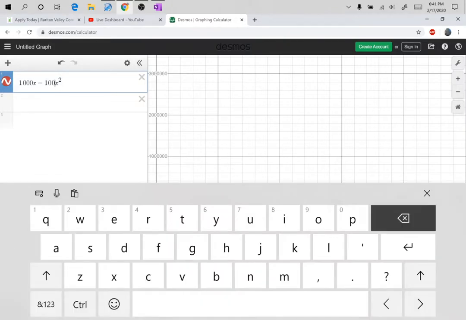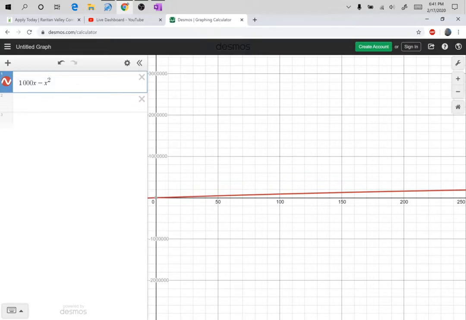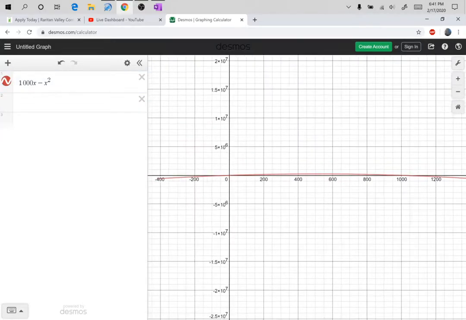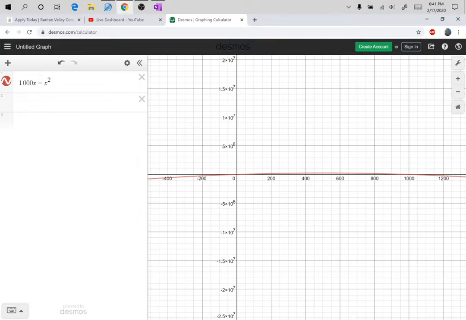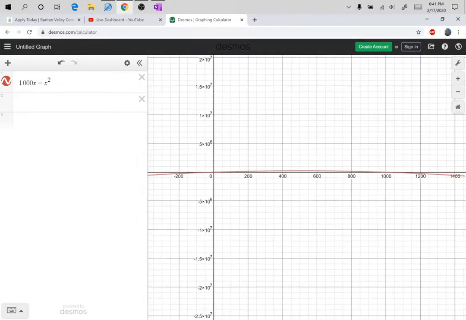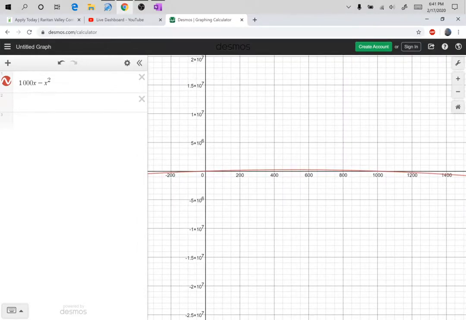And this is just x squared. And as you can see, the graph is not happy. We need to have x now go from 0 to 1000. And then we'll see that at 500 is the middle.